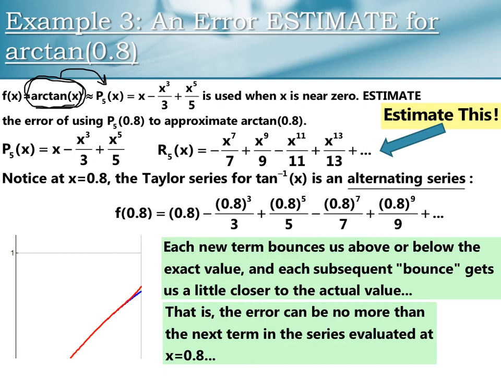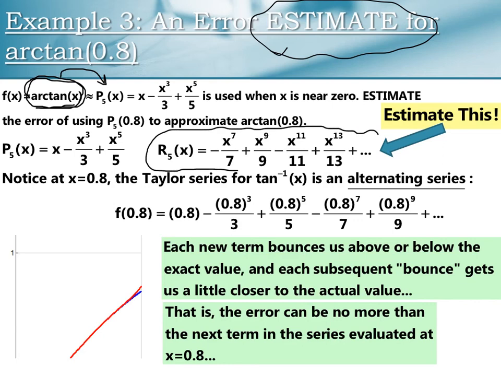So what we need is an error estimate for our arctangent approximation using the degree 5 Taylor polynomial. We need some way to estimate the error in the same way we need some way to estimate the function itself. And what we came up with was that if we look at the tail of this series, the remaining terms that we cut off, if it was an alternating series, then the next term that we missed, the next term after our truncation, was a good bound for the amount of error we had.